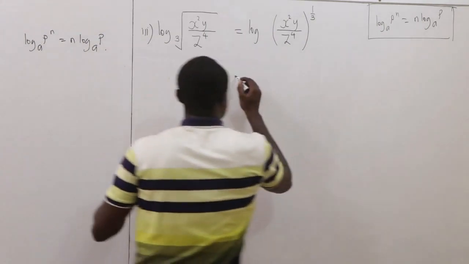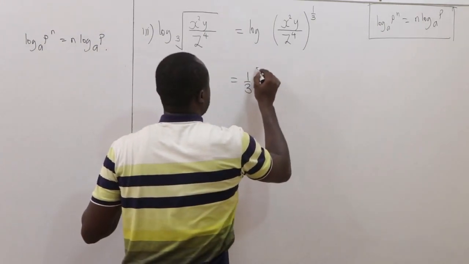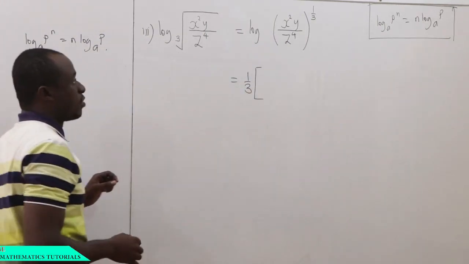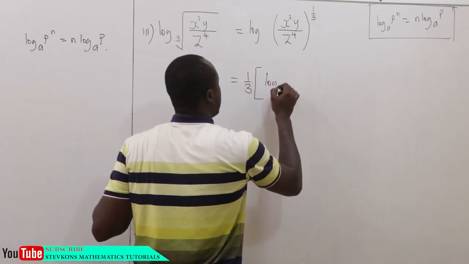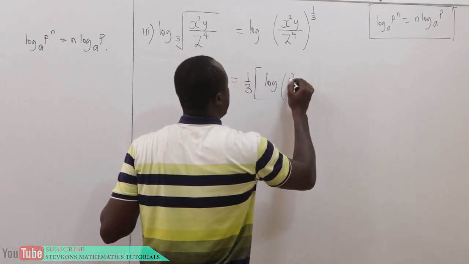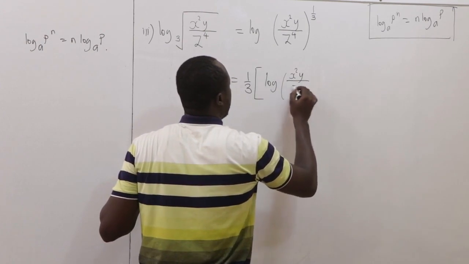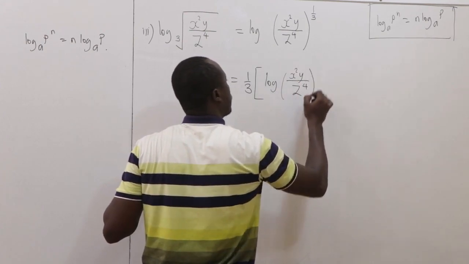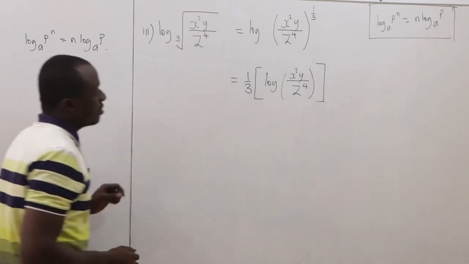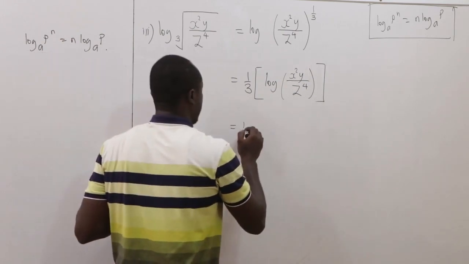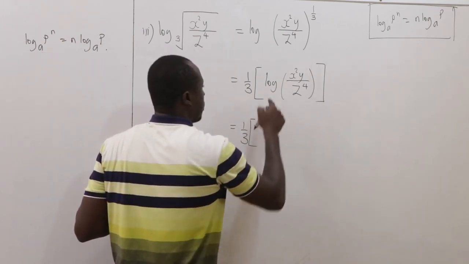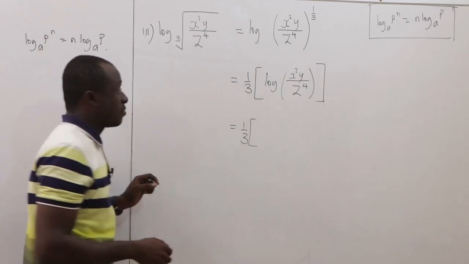So this can just come down, so you have 1 over 3. Let's bring a bigger bracket, multiplying everything. So we have log of x squared y all over z to the power 4, and this is just equal to 1 over 3. Now we are dividing, so first let's subtract.